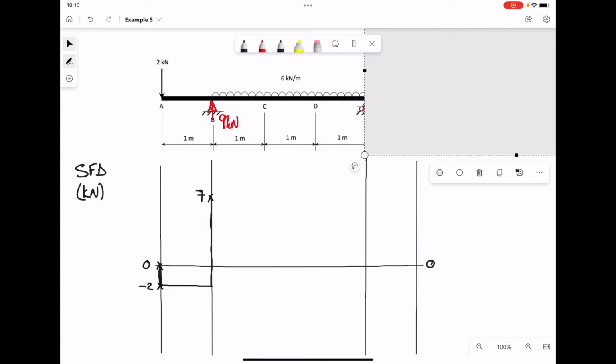So currently the resultant force, taken from 7, we're going to drop a further 18, the total weight of that UDL, and that will give us down to a value of -11. Over that region, we should have a diagonal line that we can plot in.